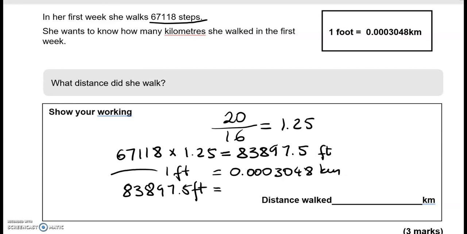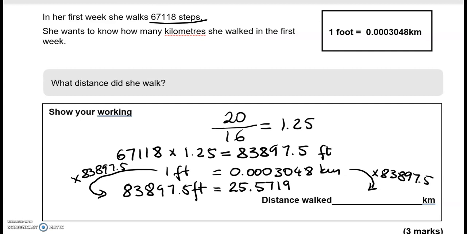So to get from 1 foot to this, we've multiplied by 83897.5. So we'll do the same over here. Equal to 25.57195.8 kilometers.